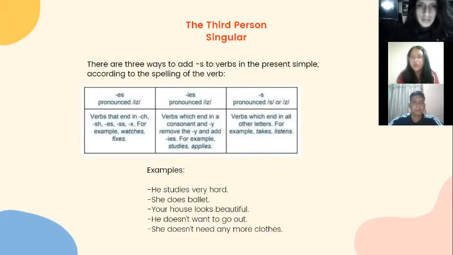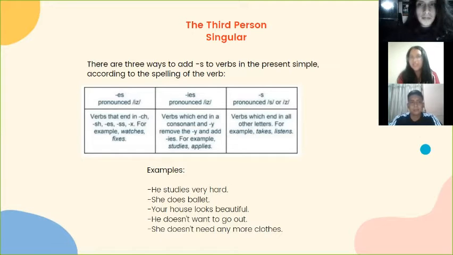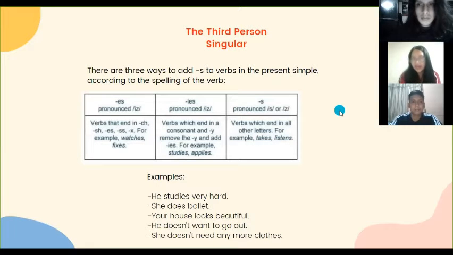Es is pronounced is. Verbs which end in a consonant and y, remove the y and add ies. For example, studies. And s is pronounced s or z. Verbs which end in other letters, for example, texts, listens. Examples: he studies very hard. She doesn't work, and he doesn't want to go out.